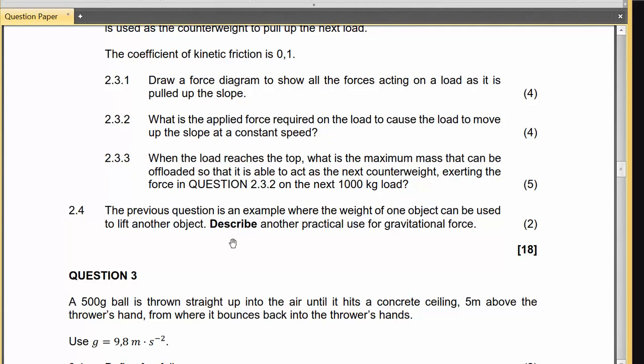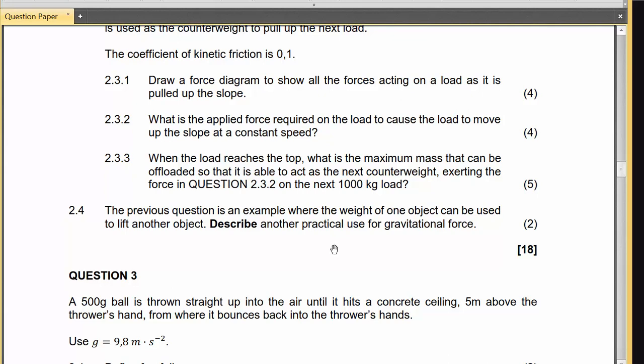It says describe, so you can't just say exercise, you must describe it. You say, in more or less the same words, that by using gravity you can do exercises by pulling yourself against the gravitational force. It just makes sense on how you're using gravitational force. You can say, for example, that electricity can be generated from a waterfall, because as the water is falling, it can turn turbines.